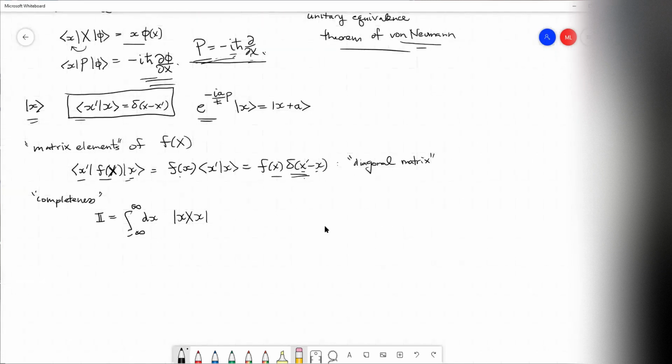And of course, the physics of it is that there's a probability associated with all of this. We know that when we take the inner product squared, we should get some probability of being in a state.